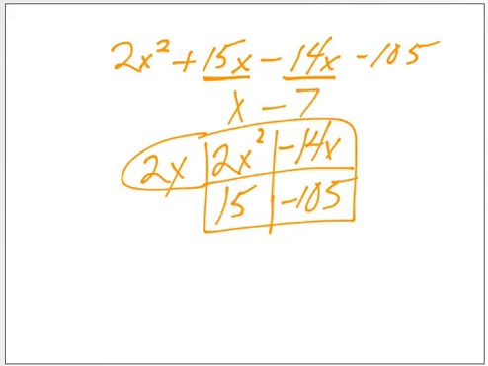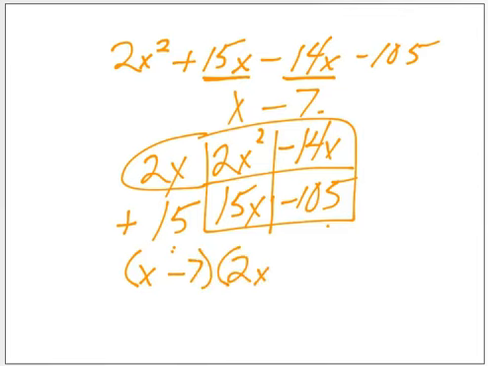That means 15x goes right here, so this is 15. And if we did it right, negative 7 times positive 15 is negative 105, which indeed it is. So our actual factors are x minus 7 and 2x plus 15.